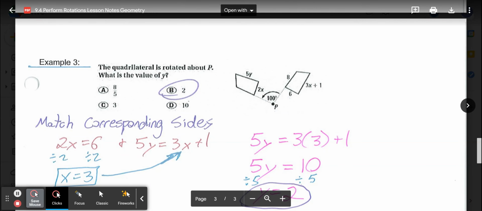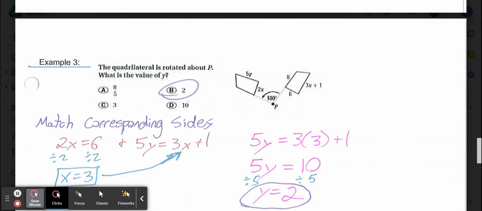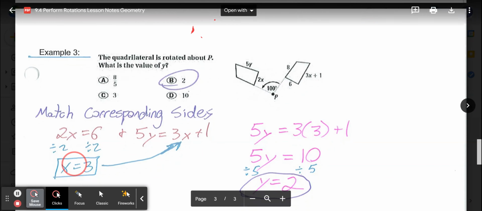So what we want to do is match corresponding sides. So in this case, the 5y corresponds with the 3x plus 1, and the 2x down here corresponds with 6. We know the corresponding sides are equal. So 2x would equal 6, meaning x equals 3. Divide both sides by 2.